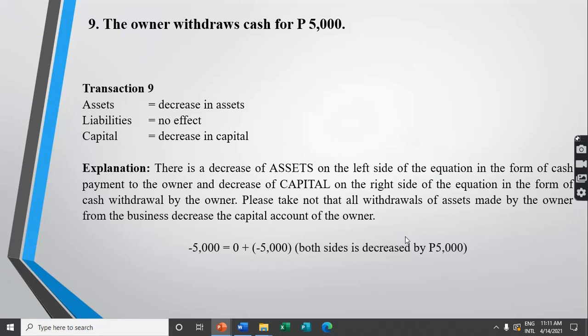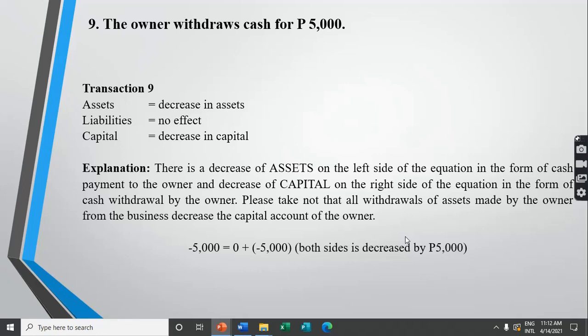Okay, transaction number 9. The owner withdraws cash for 5,000. So, nag-withdraw daw si owner ng cash ng 5,000 for personal use. Okay?